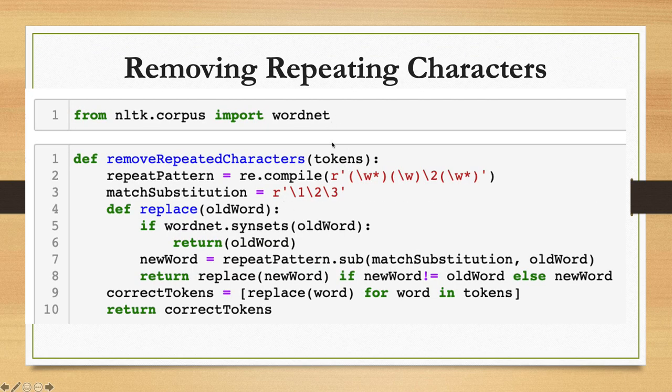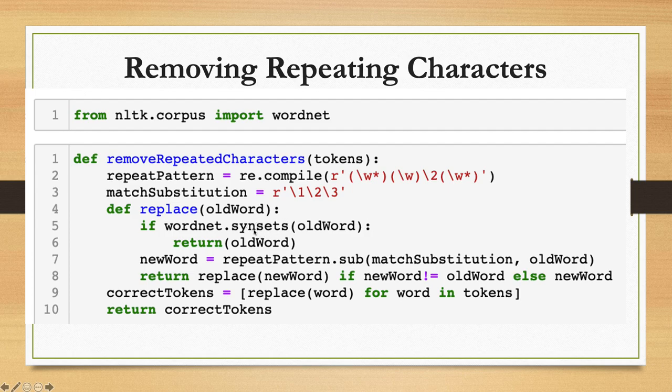Now, there is a tendency that people repeat different characters. I think this handles up to three levels of repeating characters. Of course, don't forget to import WordNet under corpus. So we call the library and match the substitution between those repeated characters.